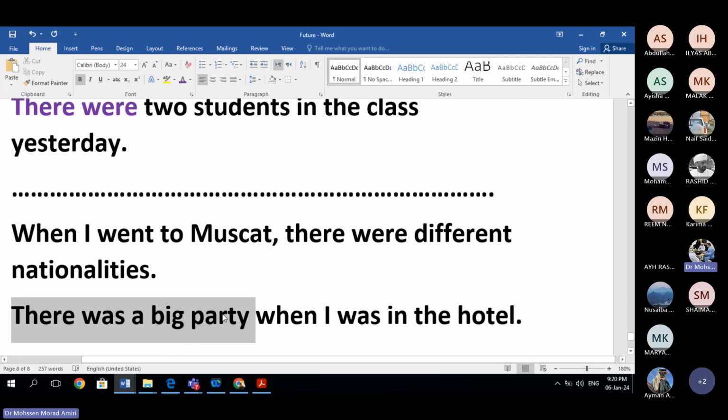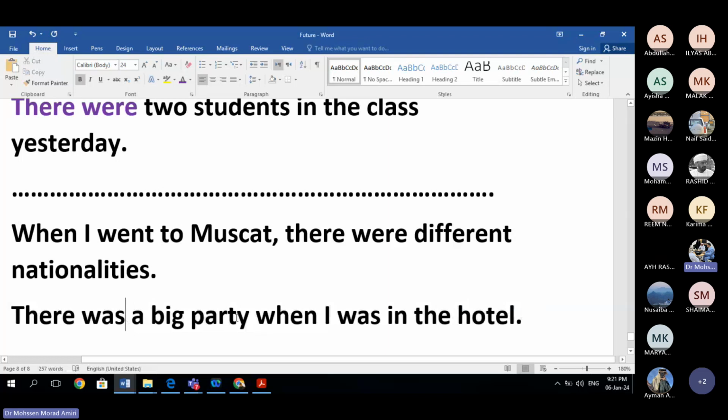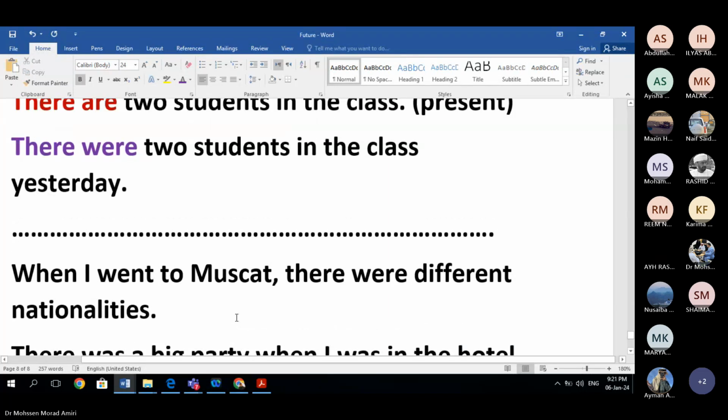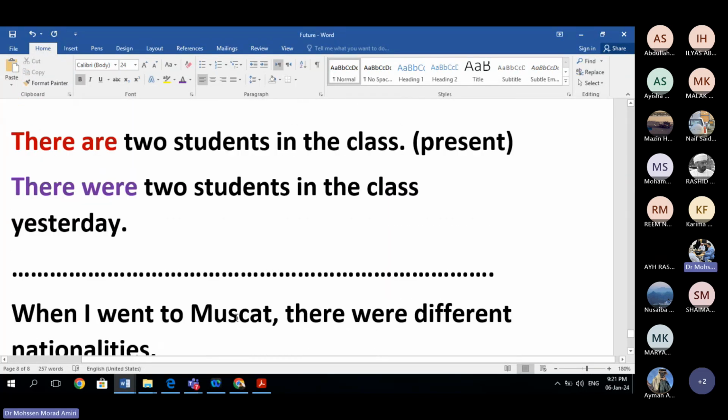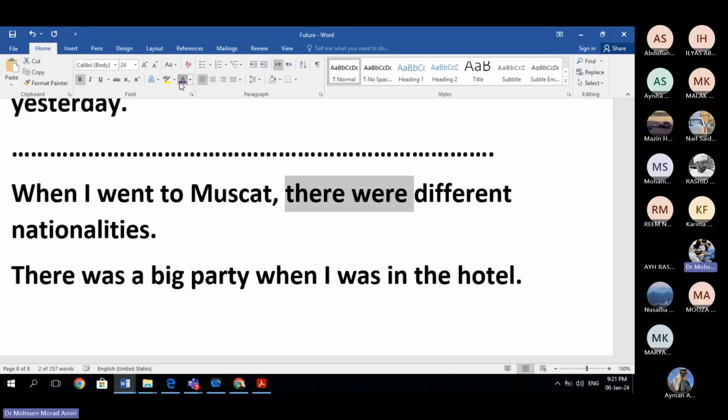There was a big party. For example, you were in Muscat, okay? You say there was a big party when I was in the hotel. That's it. This is about there is, there are, and there were. Okay, is that clear? Did you get it? Yes. All right, that's great.